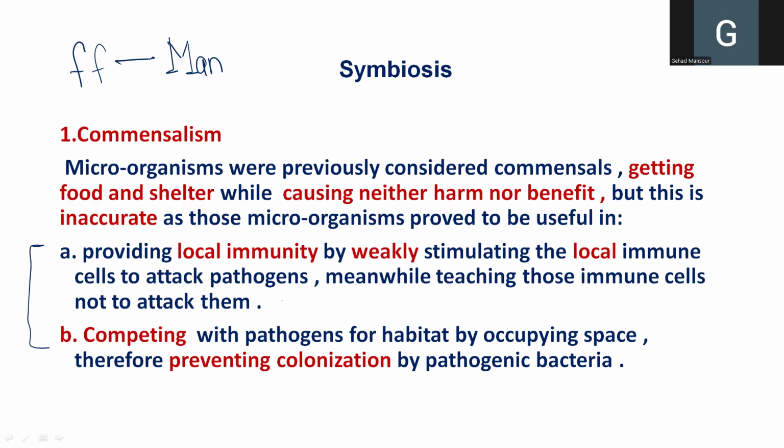So this relationship cannot be described as commensalism, because why did they used to describe it as commensalism in the past? Because they used to think that only friendly flora win from the relationship, whereas man has zero impact.